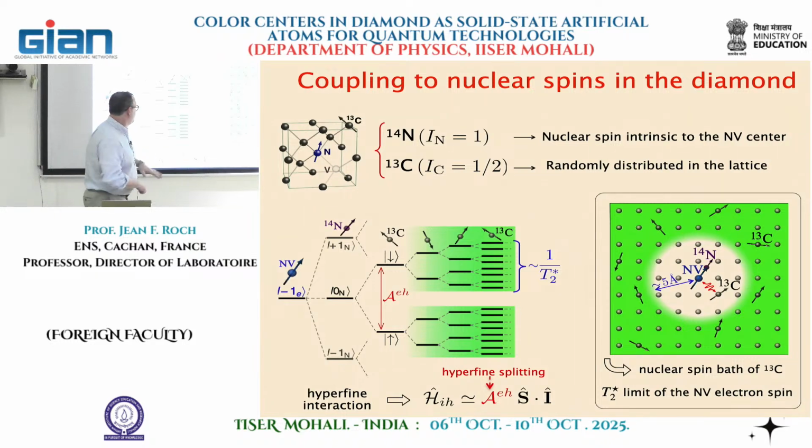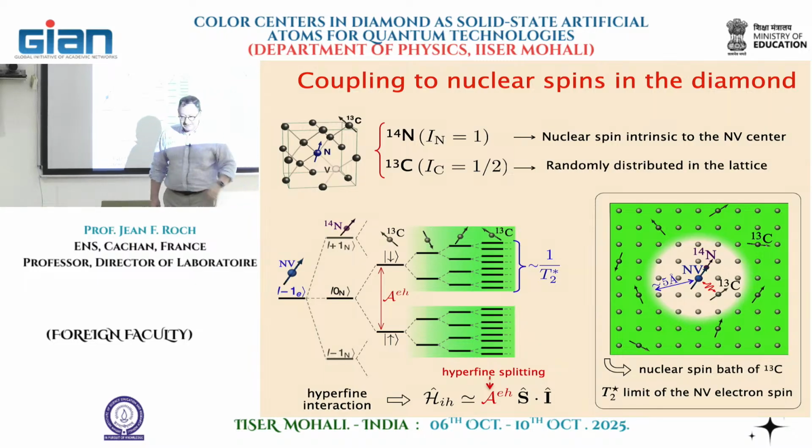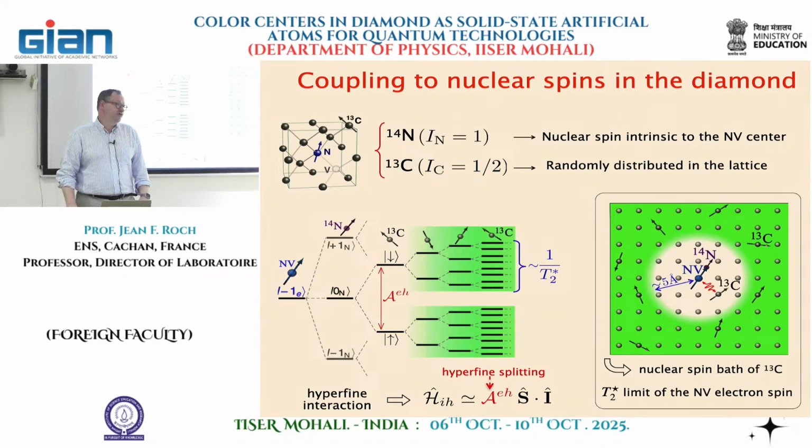The T2 star will erase all that structure, and you will just average all that structure, so that we cannot distinguish anymore these individual couplings. And after this frozen core, you will see the other carbon impurities acting as a bath of nuclear spins that provides the T2 star. They are so close that they mix up, and at the end that creates the decoherence time. You can have very nice simulations of those effects, and that's done in the paper I mentioned before.